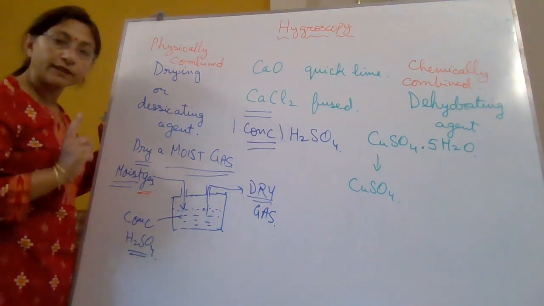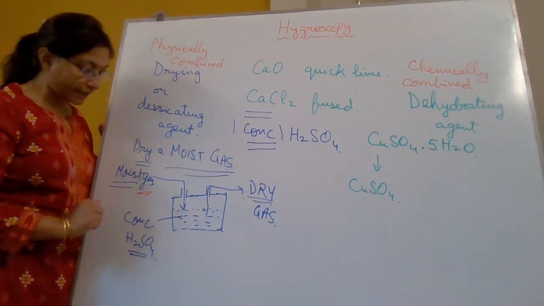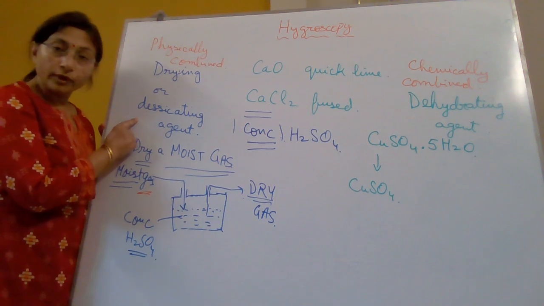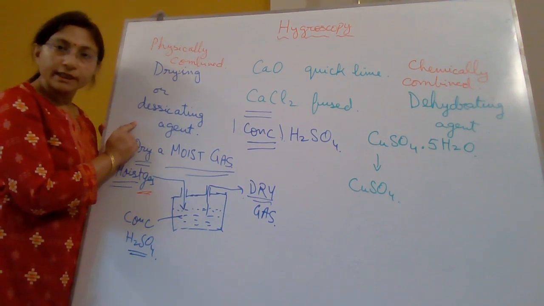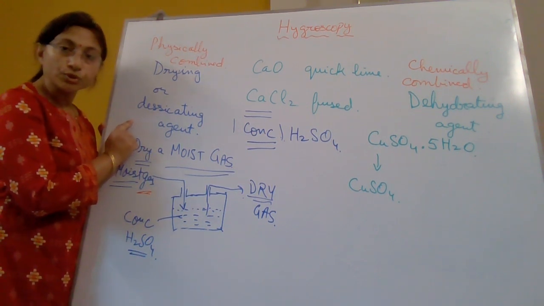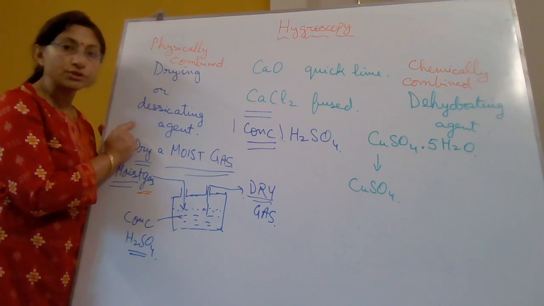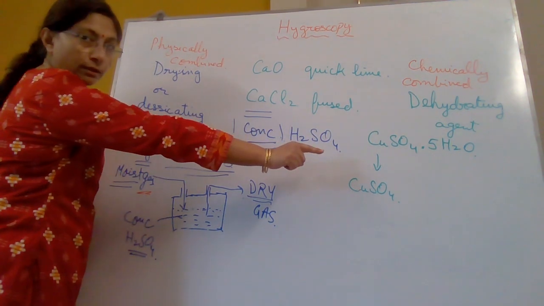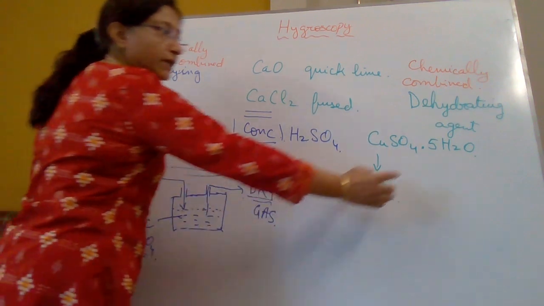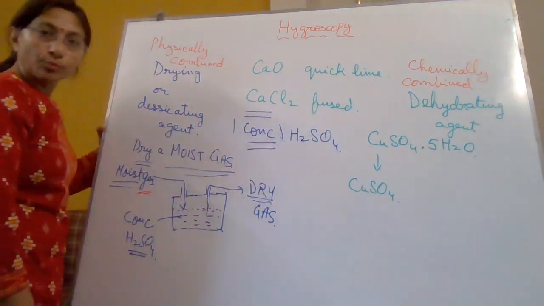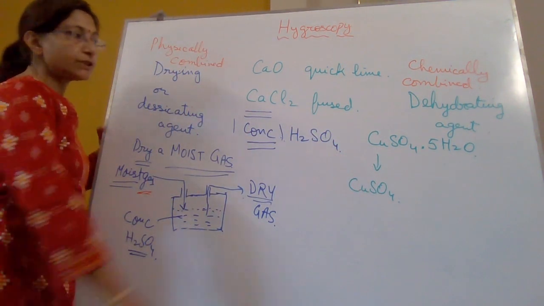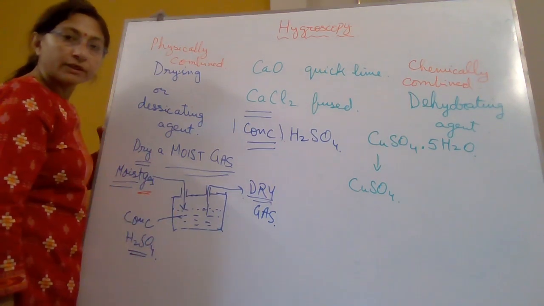Therefore, it gives us one more conclusion: whenever a drying or desiccating agent is being used, this is a physical change. Whereas here, since the chemically combined water has been removed by the dehydrating agent, it is showing a chemical change.